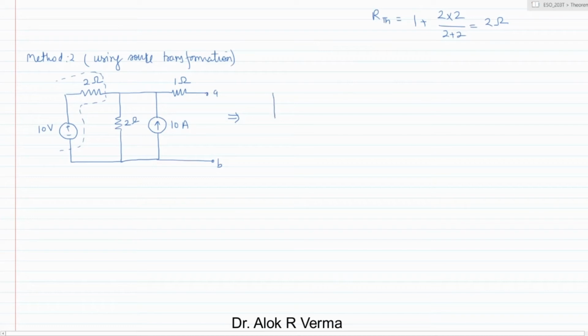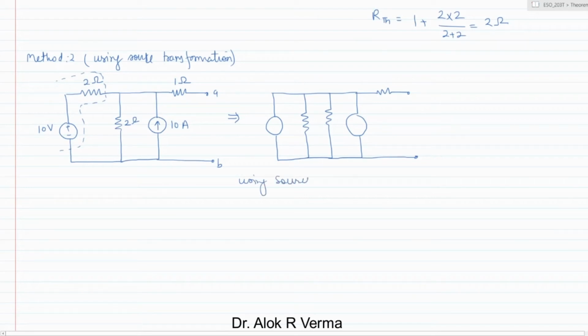So the circuit can be redrawn this way. This is using source transformation, correct?